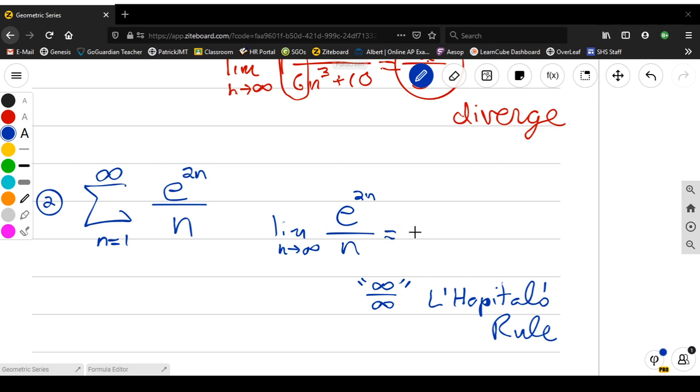When you take the derivative of the numerator and denominator, you get 2 e to the 2n over 1, which is infinite, meaning your terms get infinitely large as n goes to infinity. Therefore, it's going to obviously diverge because your steps keep getting bigger. So there you have the nth term test.